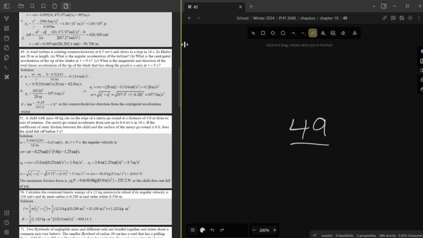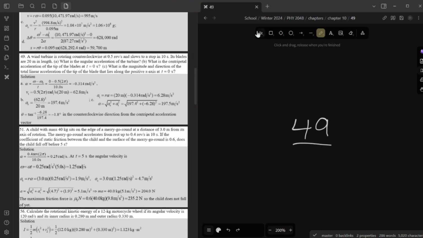So let's go ahead and get started with part A. Firstly though, let's write down the variables that we know. We know that each blade has a length of 20 meters, so we'll say R is 20.